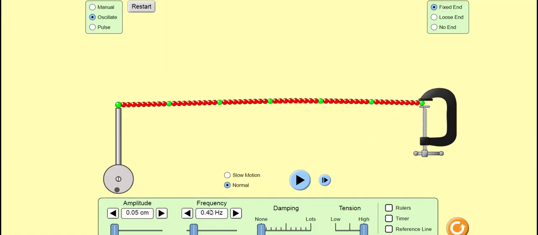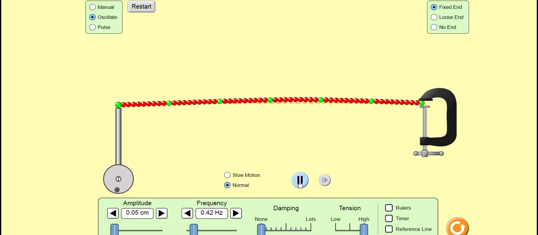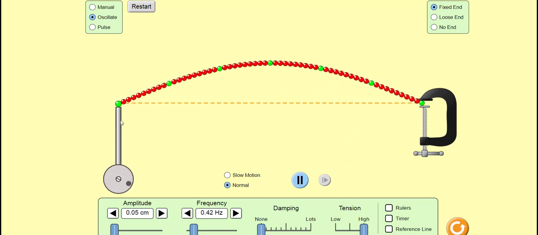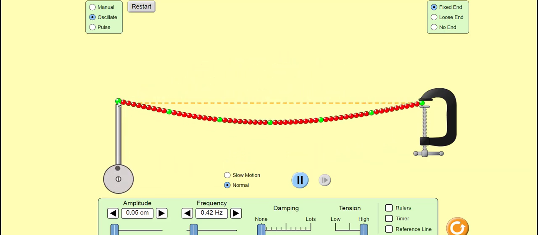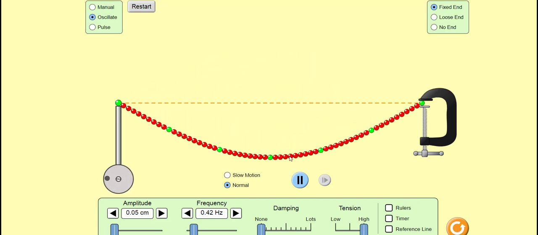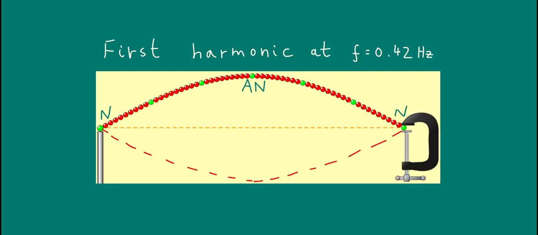If we reduce the frequency of the transducer down to 0.42 Hertz, we see yet another stationary wave. Notice that in this stationary wave, there's just a single loop, and all the particles in this loop, other than the nodes, are moving in step or in phase with each other. So what we're looking at here is the first harmonic.